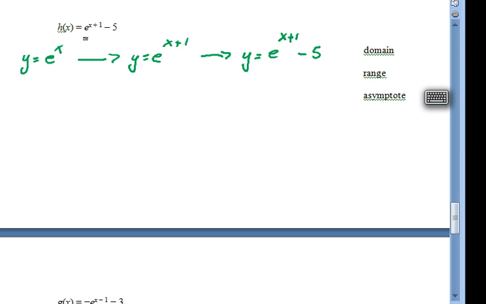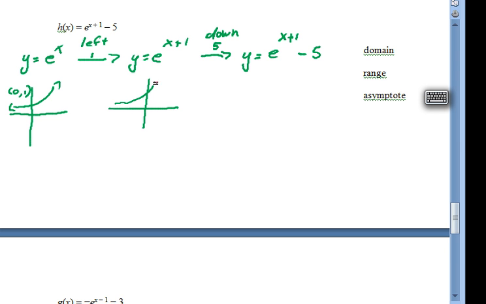So we'll be going left 1 and down 5. What was at (0, 1) will now be at (-1, 1).